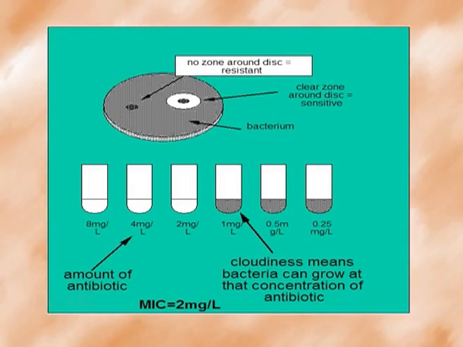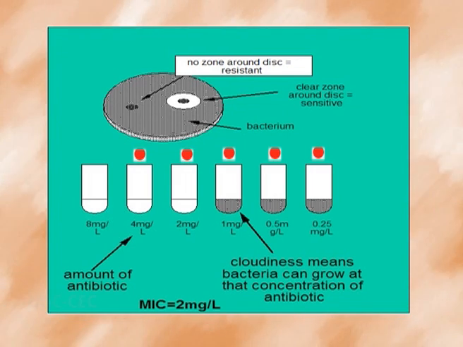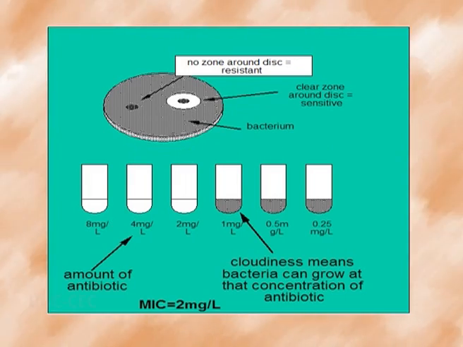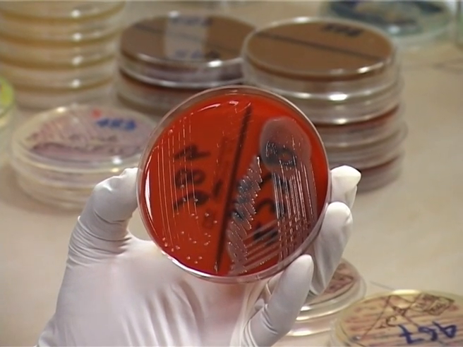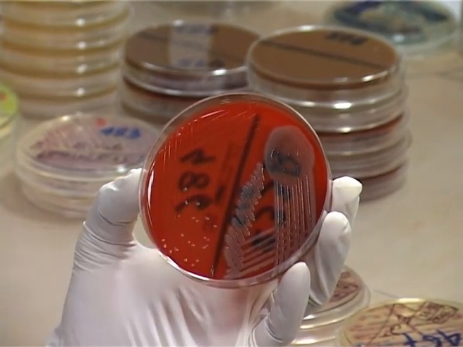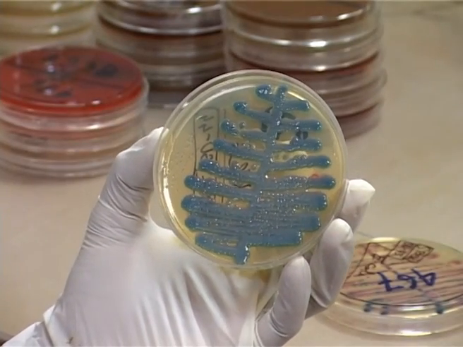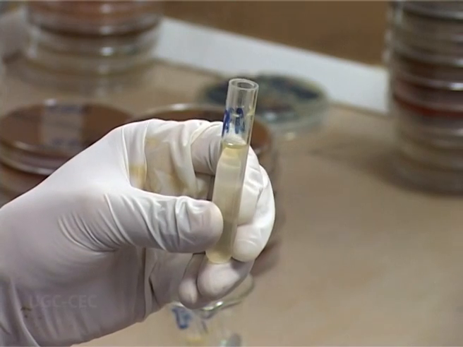Say here it starts from 0.25, then 0.5, 1, 2, and 4. This liquid media is inoculated with the bacterial growth when pure cultures are coming on the plate. So we take the isolate and make the suspension in peptone water or nutrient broth in different concentrations.